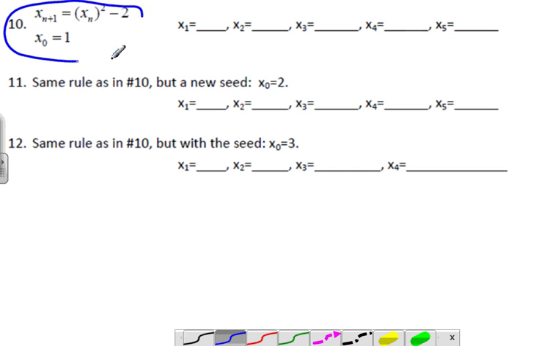All right, let's do number 10 together. Remember this notation, the subscript of n plus 1: if n was 13, then n plus 1 would be 14.